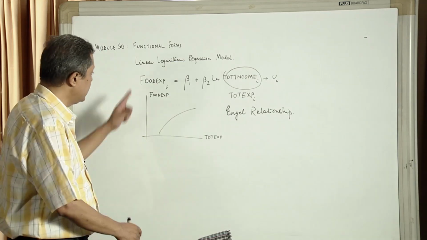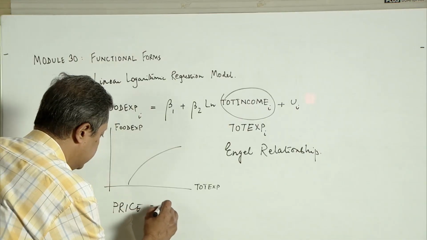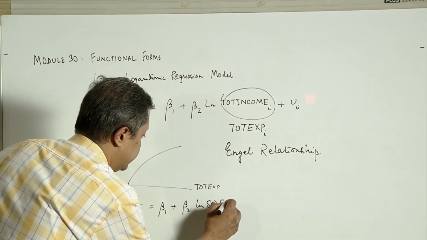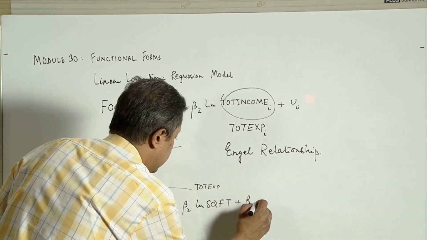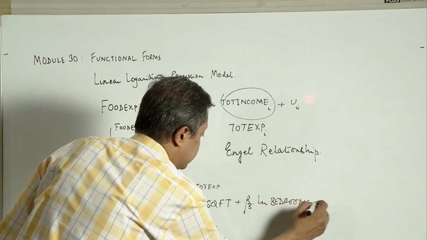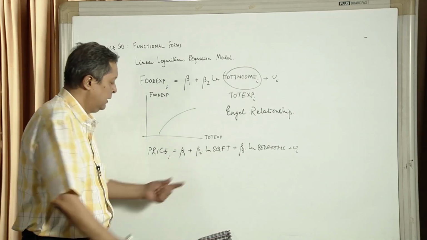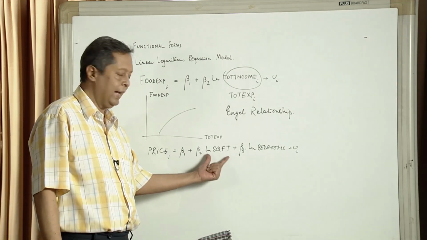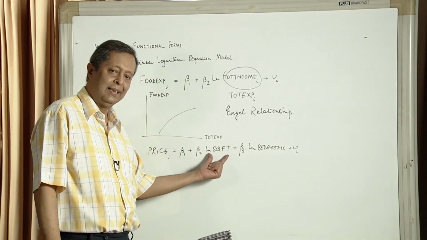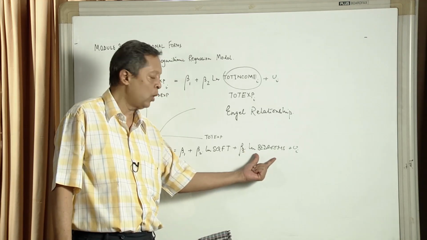In both the cases, this one and the earlier one where we regressed price on the logarithm of square feet, the variables are, this is y, this itself now is a variable x, this is another variable x. So, y is regressed on say x2 star, which is logarithm of square feet, and x3 star, which is logarithm of bedrooms.